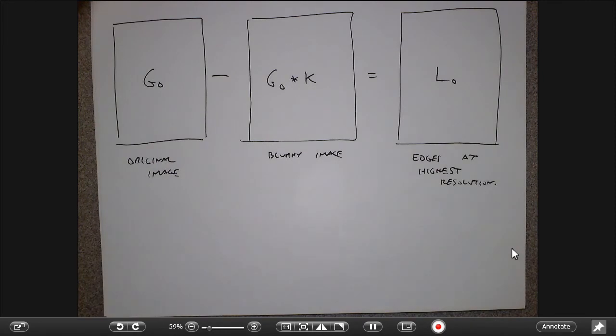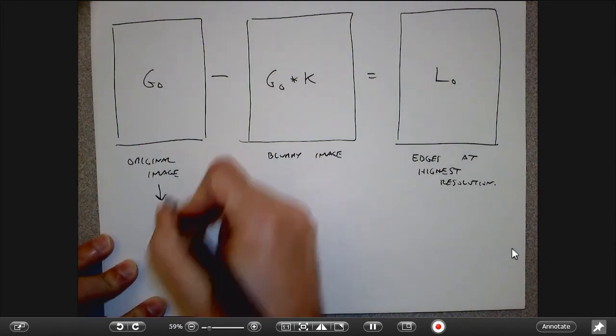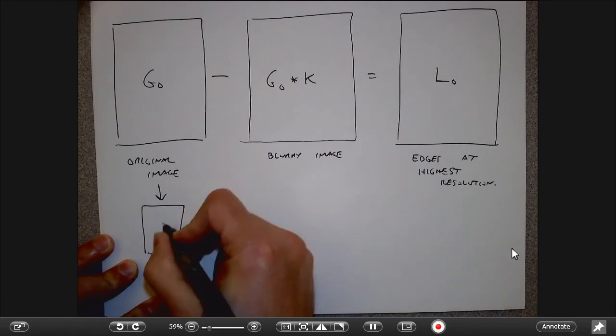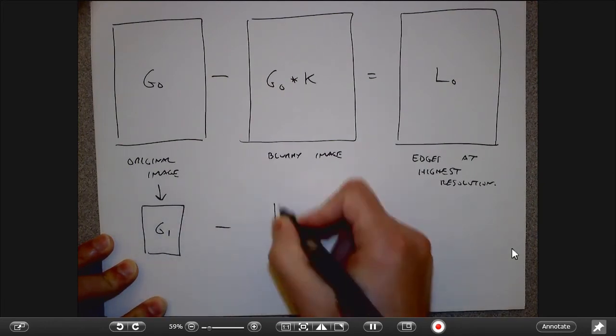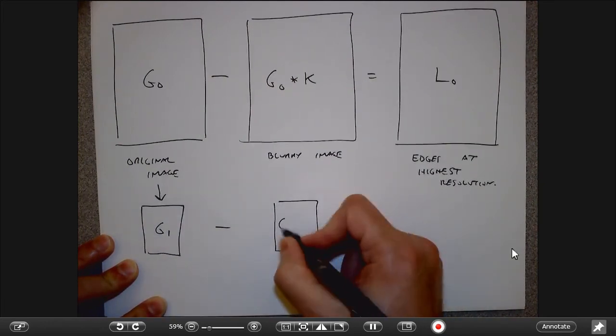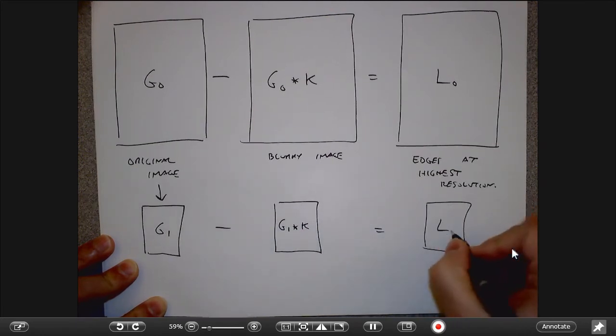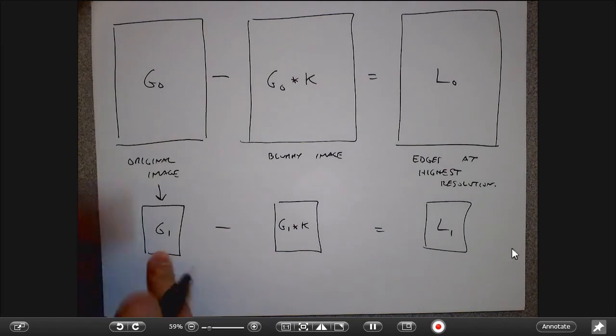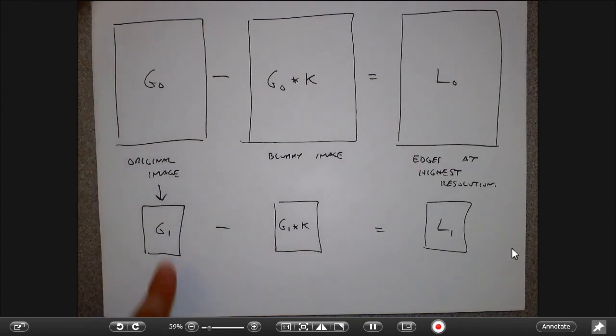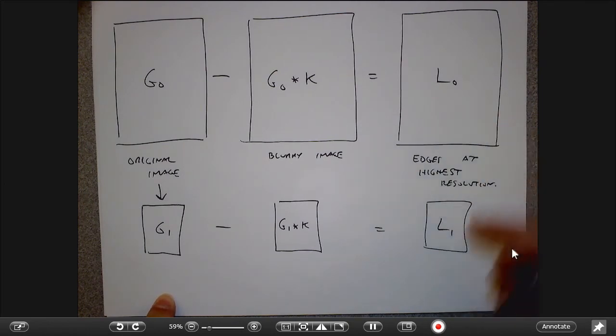And now if I keep on doing that, right, so if I was to keep on making the difference between the image and its blurry version at every level, what I would have on this side would be basically increasingly smaller and blurrier versions of the original image. And over here I'd have increasingly smaller versions of the edges that are important at every scale, okay?